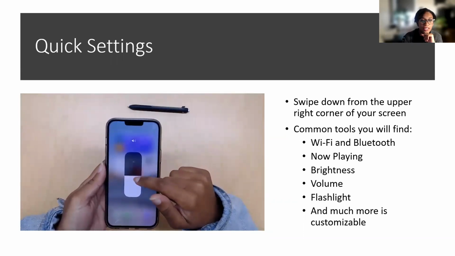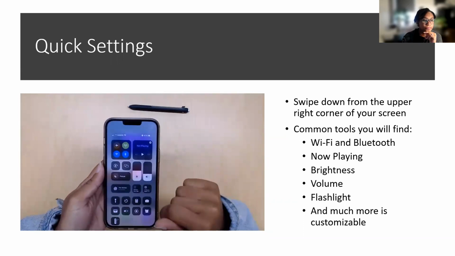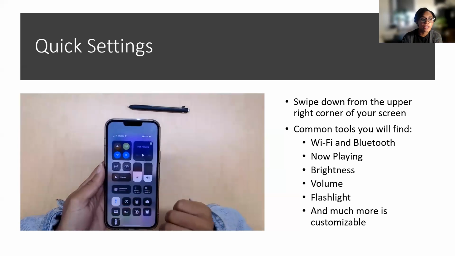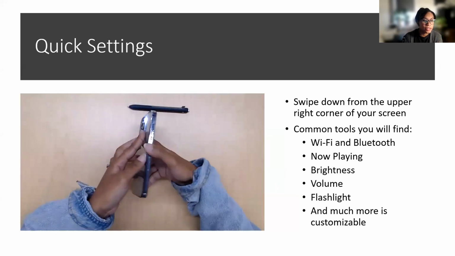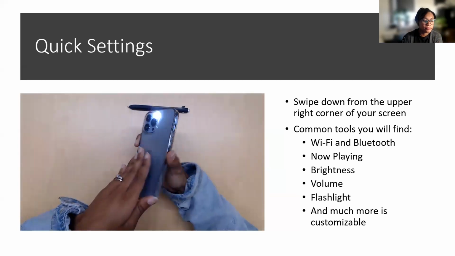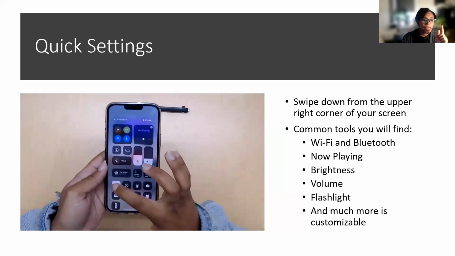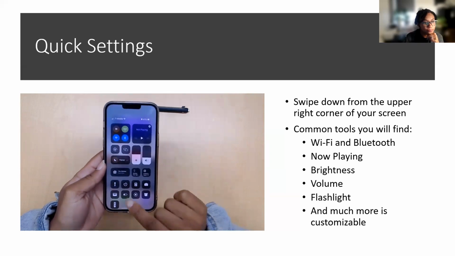You can adjust the sound, the volume. There's also another way to access your flashlight. And again, with that secondary menu, if you press and hold on that flashlight, you will have the ability to change the brightness of the flashlight itself.